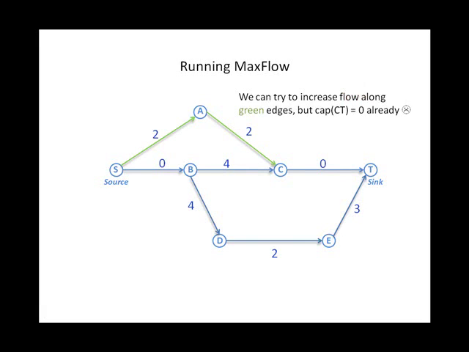So look at the path with the green edges. Can we increase the flow along this path? If we try to send flow of 1 along S to A to C, it cannot go from C to T because the capacity left is 0. So why is it 0? Because there was already a flow along these red edges flowing along C to T.